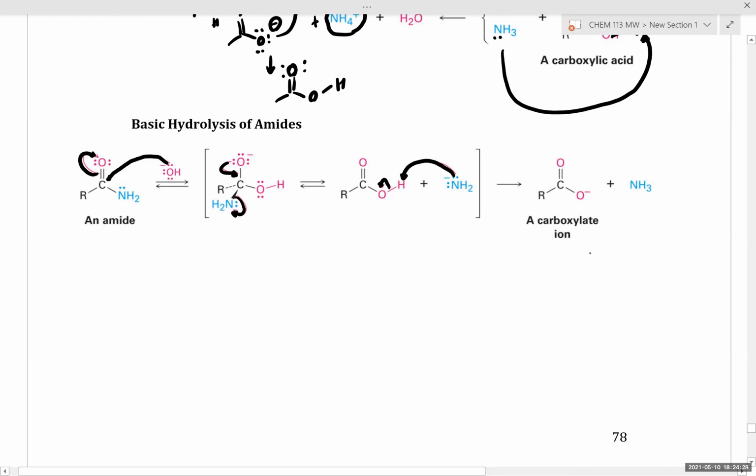This loss of amide anion is not very favorable, and that's why generally amide hydrolysis under basic conditions typically requires high temperatures and long reaction times. Does this mechanism make sense to everyone?